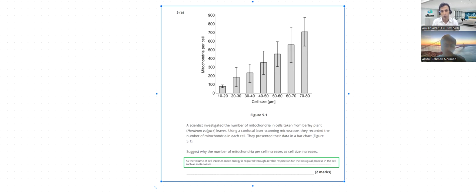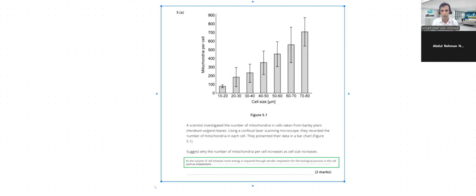As the volume of the cell increases, more energy is required through aerobic respiration for biological processes in the cell, such as metabolism.